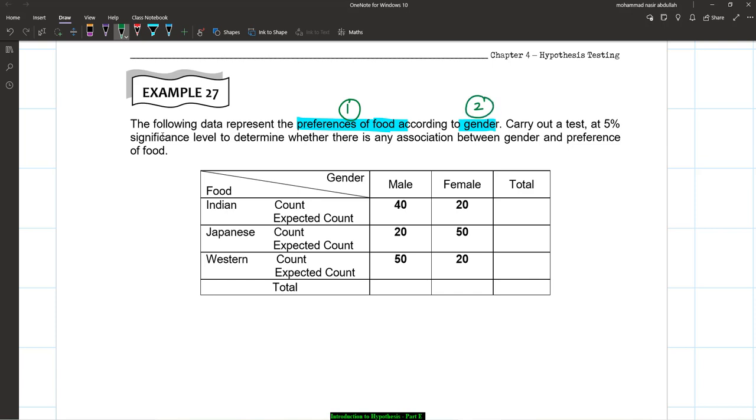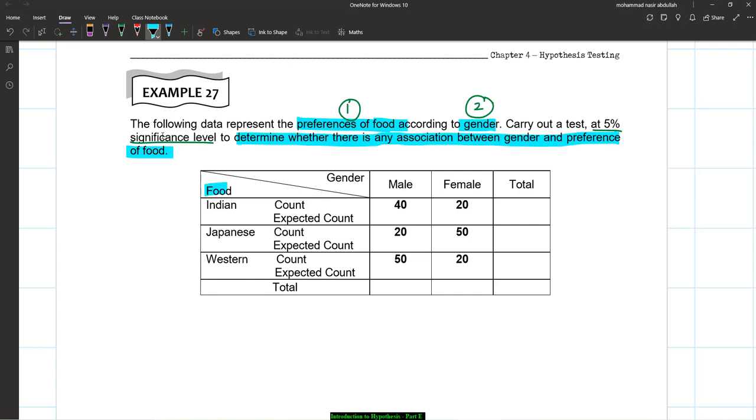The question asks us to carry out a test at 5% level of significance to determine whether there is any association between gender and preference of food. As usual, they give us the cross tabulation table.